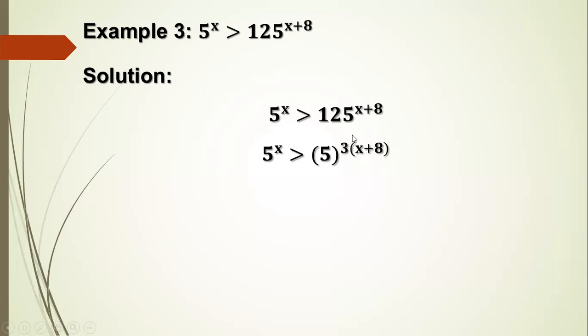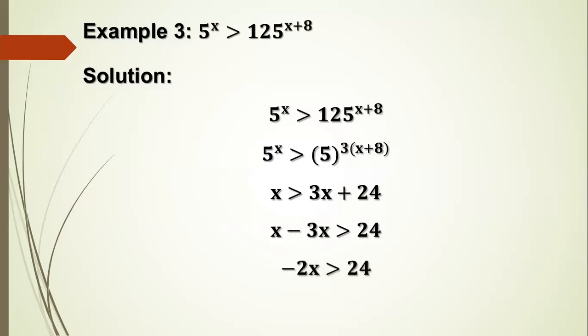So 3 times x is 3x and 3 times 8 is 24. So we have x is greater than 3x plus 24. By applying the addition property of equality, or by simply transposing 3x to the left, we have x minus 3x is greater than 24. Let's simplify: x minus 3x is negative 2x greater than 24.